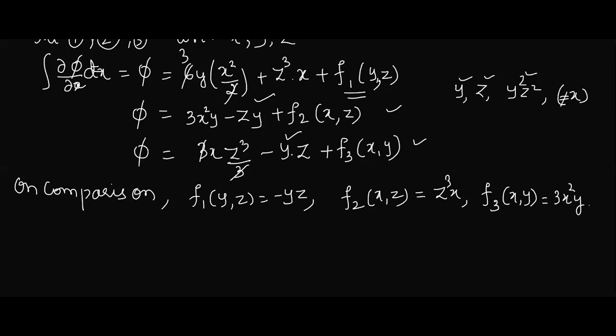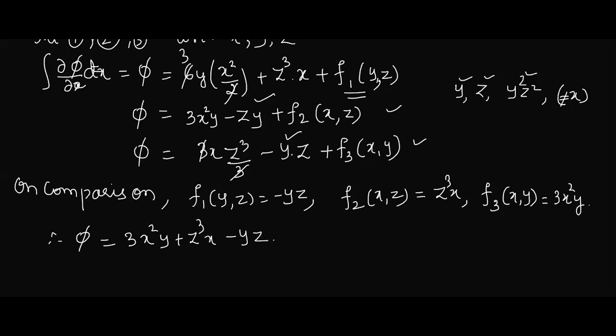Hope you got it. Now, either you take the first expression and substitute for f1. I'm saying either. So do the substitution in any one of the expressions. I'll do it in the first expression. Therefore, I'll get phi as 3x square y plus z cube x plus f1 of y, z, which is minus yz.